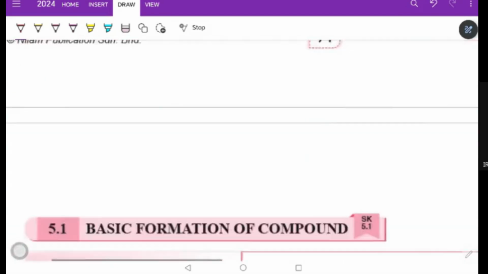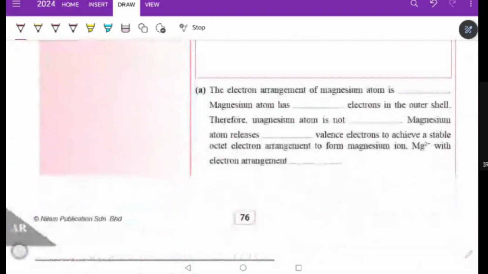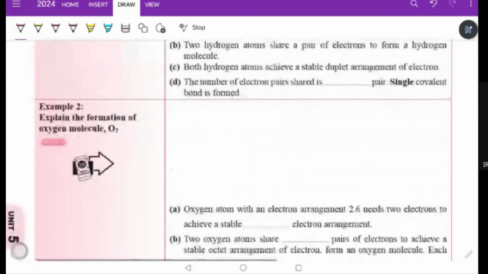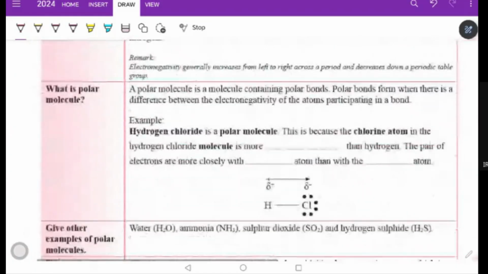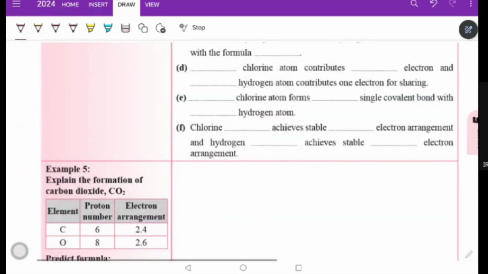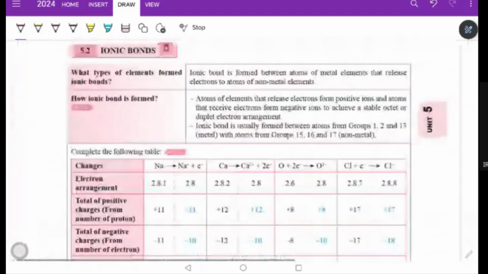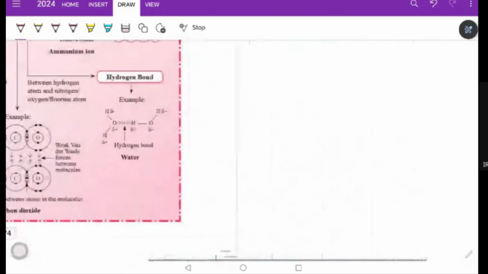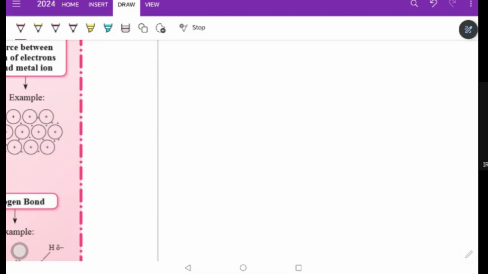Okay, then if we want to see, it would be something like this. Actually if we want to draw, but don't worry, it won't ask you to draw. Let's say I use sodium chloride. It will be like this: sodium, then it combines with chloride.